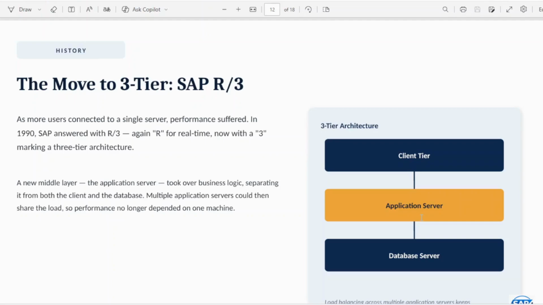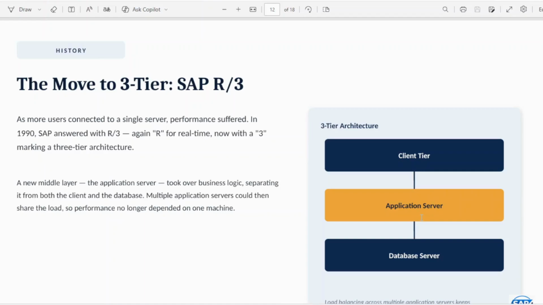What does the application layer do? It gets the request from the user interface and sends that request to the database. When there were multiple users, they were sending multiple requests, and the application layer processes and handles all the requests coming from the user.